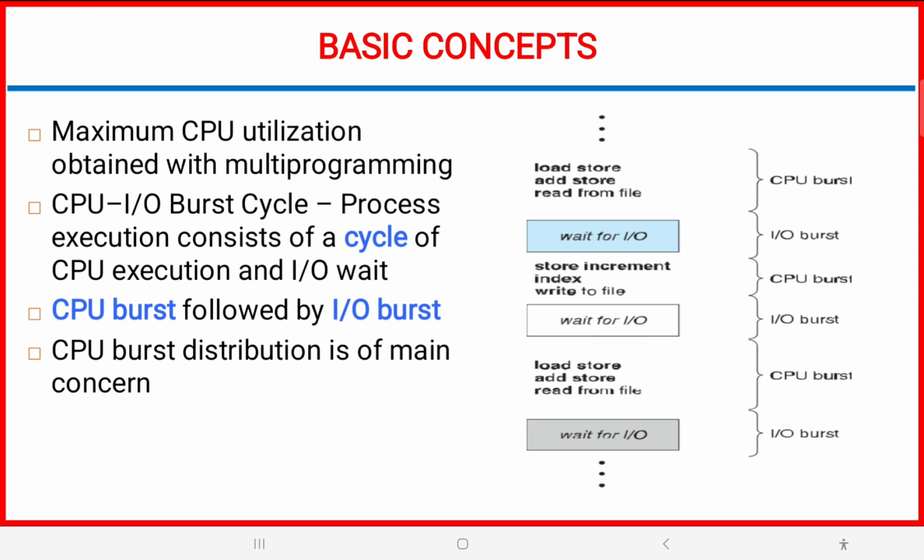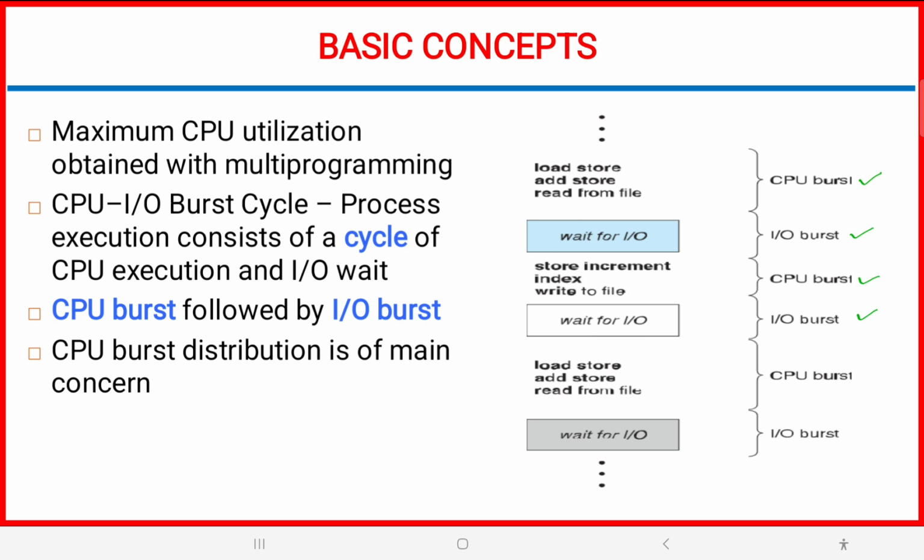That is, for a certain span of time, the process executes with the CPU, and thereafter, when the need arises for some IO related event, it jumps from the CPU's running state onto the waiting queue of the devices. So there is basically a cycle between the two things. That is, for every process there is more or less a CPU burst followed by an IO burst. So a cycle is basically over there where CPU burst is followed by IO burst, then again CPU burst, then again IO burst, and this continues till the time the process terminates.